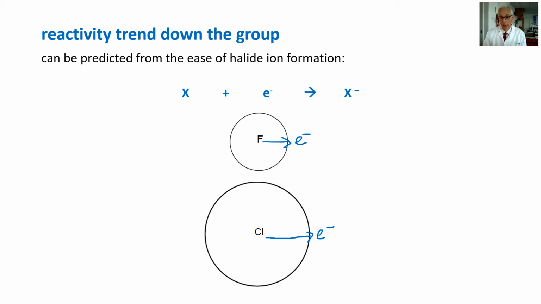And that therefore would indicate that the nuclear attraction of fluorine for the electron to be captured is much greater. If we compare inner shell shielding, chlorine has 2 inner shells of electrons, fluorine just has the 1. So again, fluorine with less inner shell shielding would be expected to have a greater nuclear attraction for the electron to be captured.